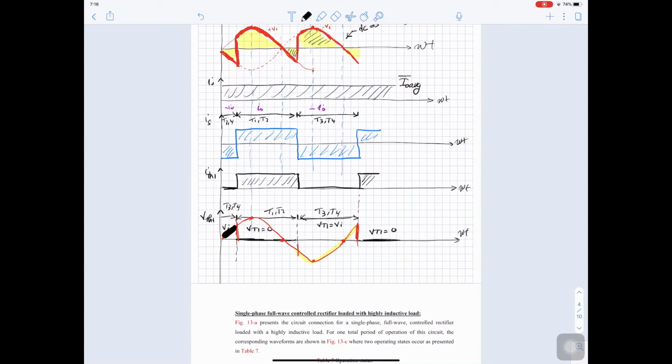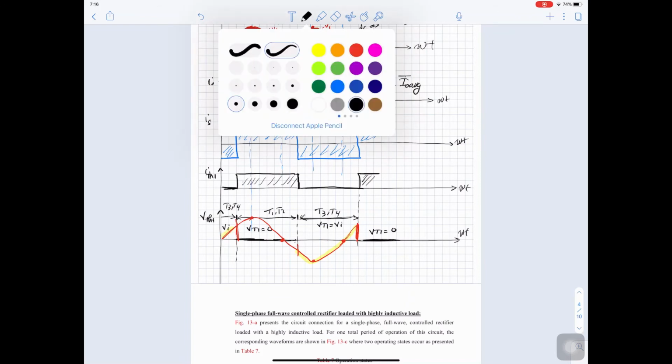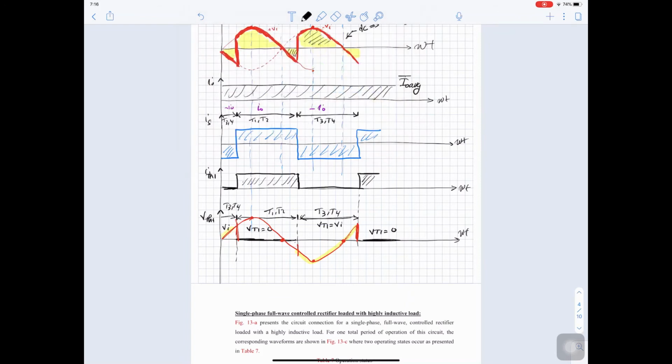So it is V input here, then it goes to 0 up to this point, then it goes again to V input, and again it goes to 0. And this will be our V thyristor.